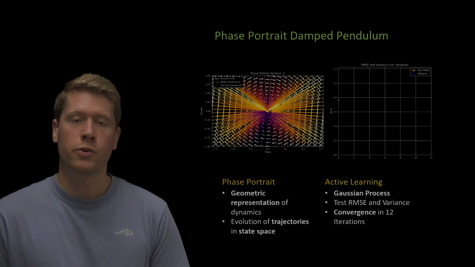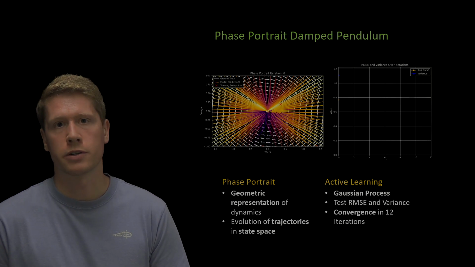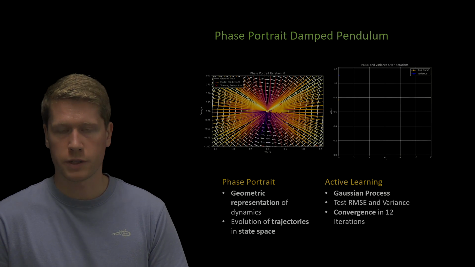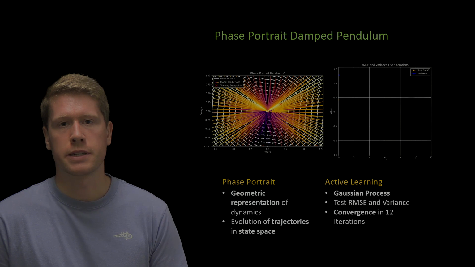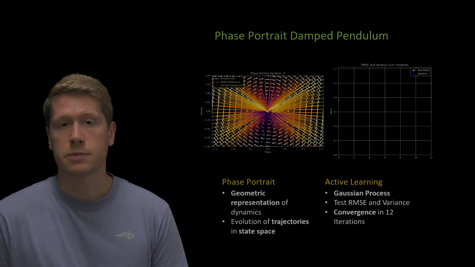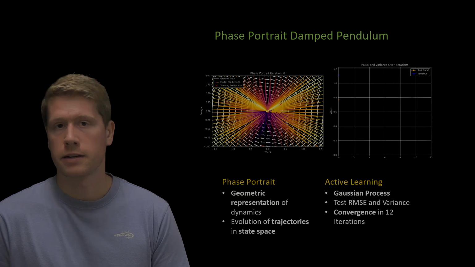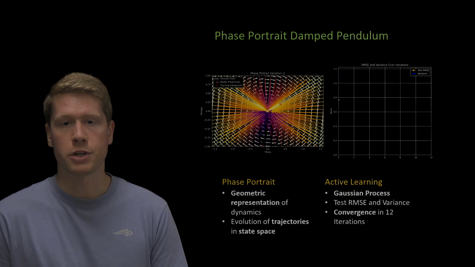Okay, I want to give you a simple example of how active learning can look, and for this we're going to look at the phase portrait of the damped pendulum. The phase portrait describes the evolution of trajectories in state space. State space in this case is theta and omega, so the angle and angular velocity of the pendulum.